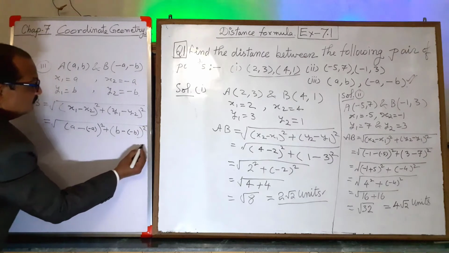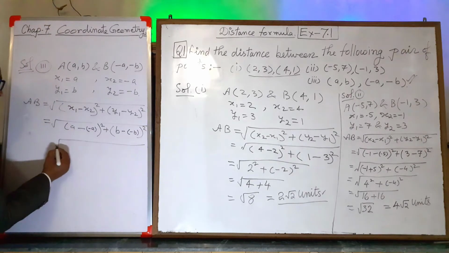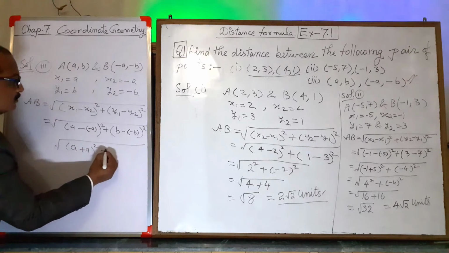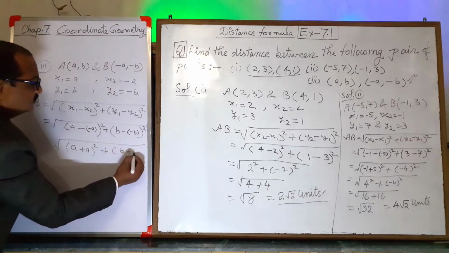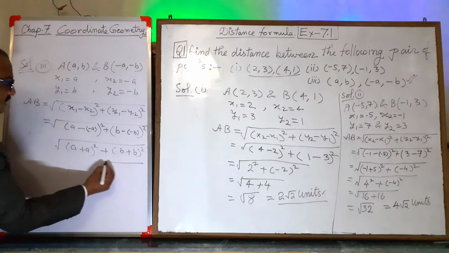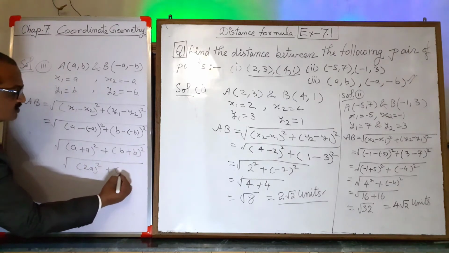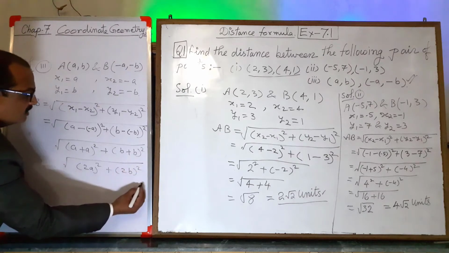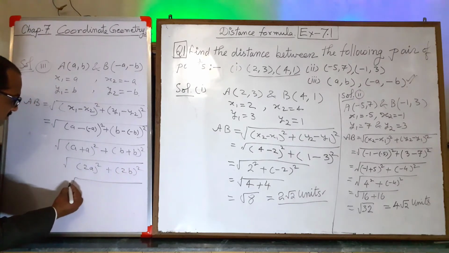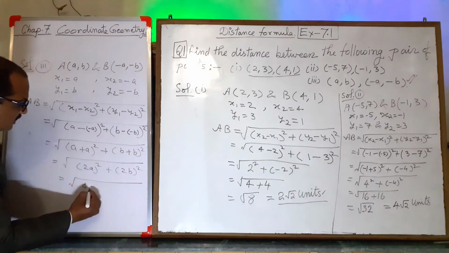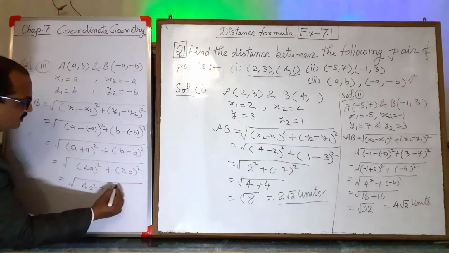Now simplifying, it is (a plus a) whole square plus (b plus b) whole square, means 2a whole square plus 2b whole square. Now squaring, ultimately we will get 4a square plus 4b square.